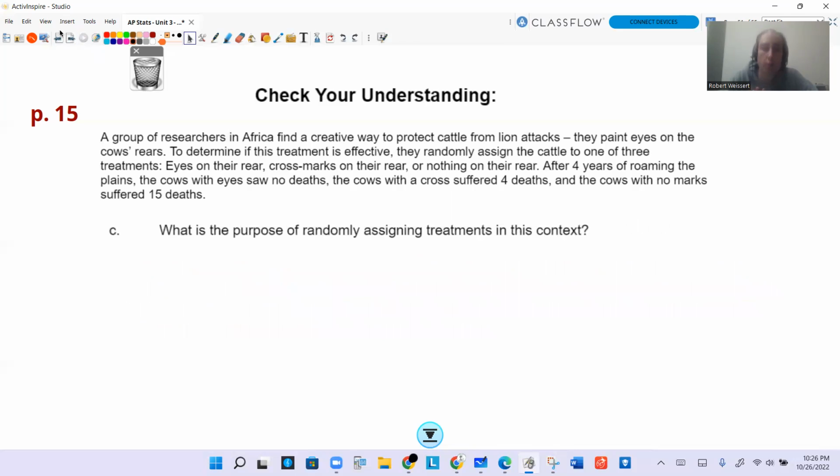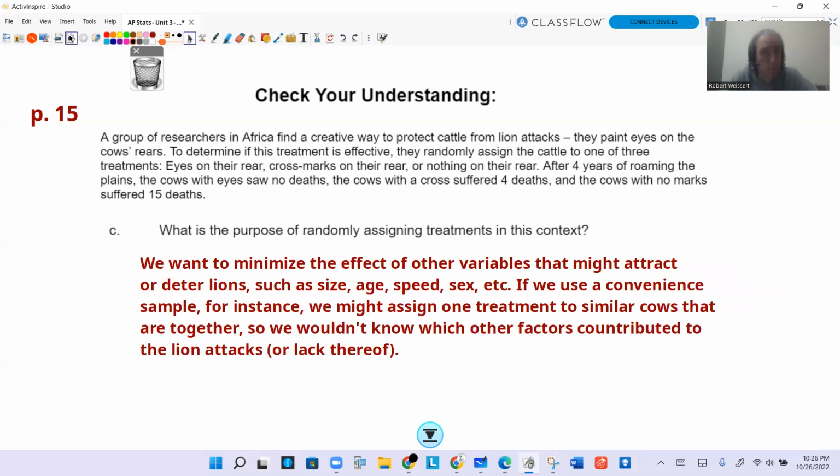C, what's the purpose of randomly assigning treatments in this context? Why do we randomly assign? We want to minimize the effect of other variables that might attract or deter lions, such as size, age, speed, sex, etc. These are confounding variables. We want to minimize the effects of them. We randomly assign so we have some sort of baseline of comparison.